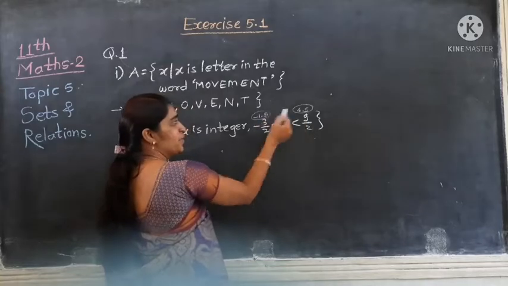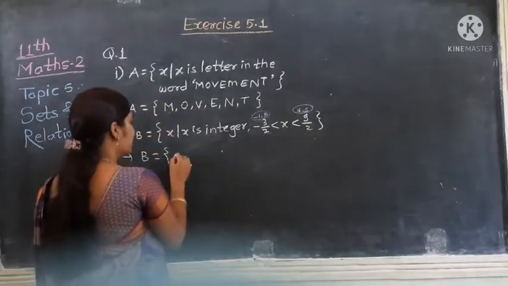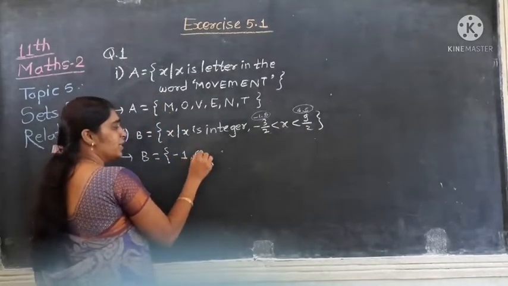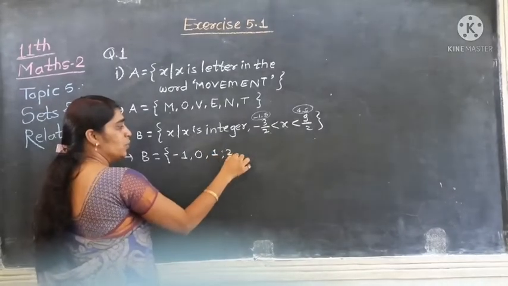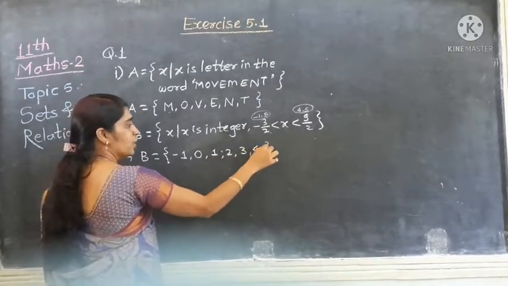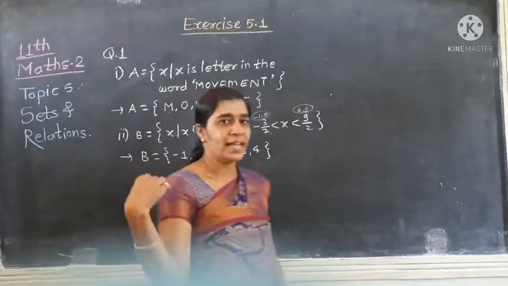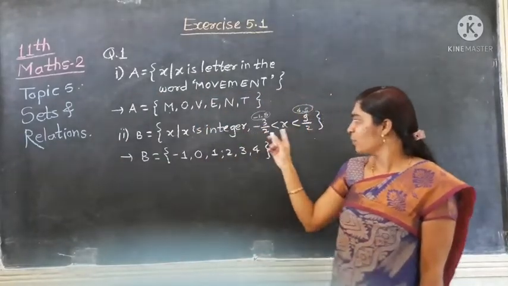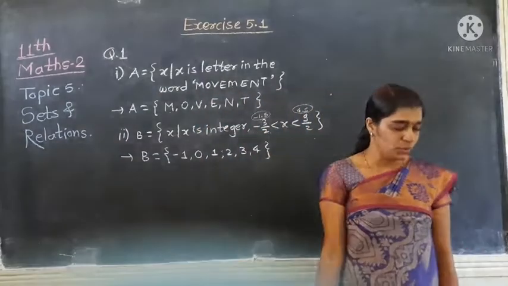So what are the integers between these two? Minus 1, then 0, 1, 2, 3 and 4. These are the integers that lie between minus 3 upon 2 and 9 upon 2.